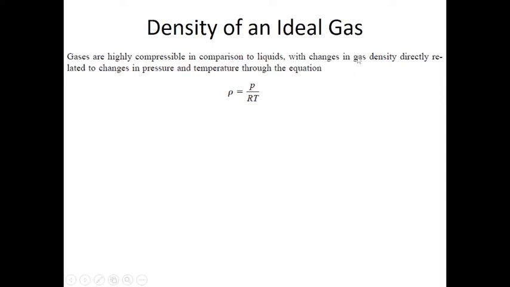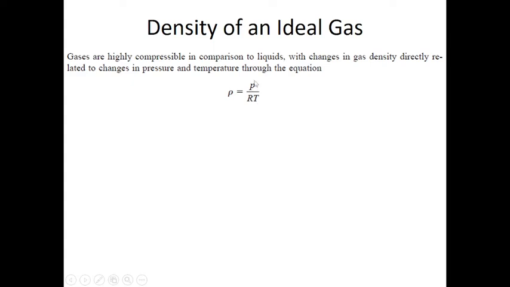So, changes in gas density are directly related to changes in pressure. Kapag nagkaroon daw ng pagbabago sa density ng gas, nagbabago din yung pressure tsaka temperature through this equation. Okay? So, ang density ng ideal gas ay may kinalaman sa pressure and temperature.